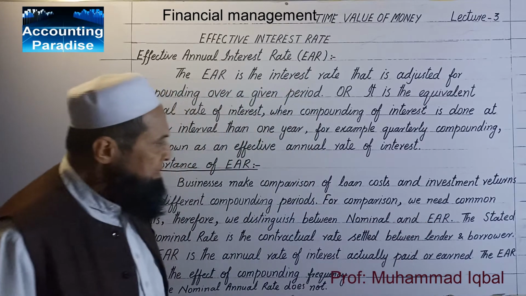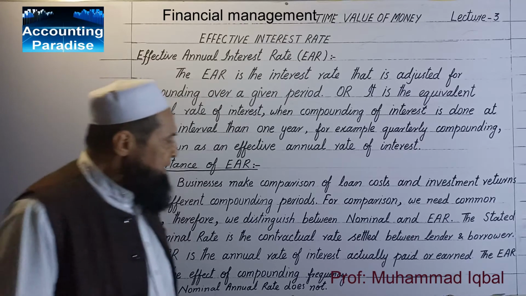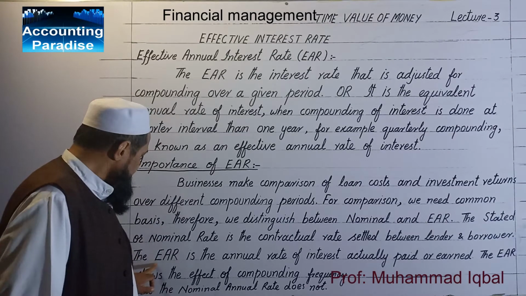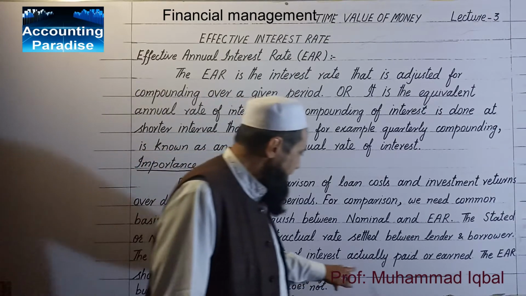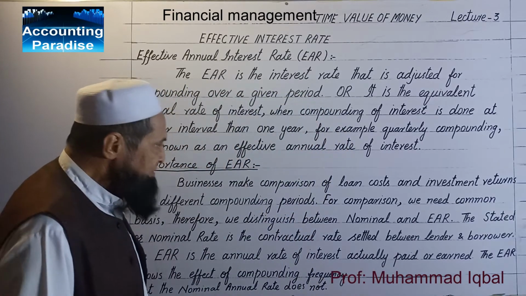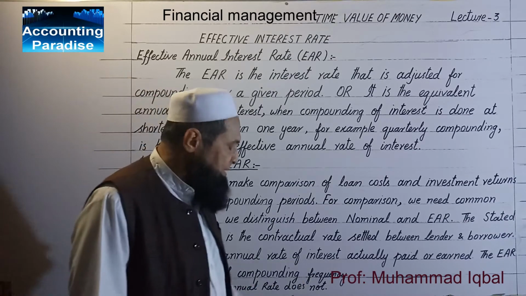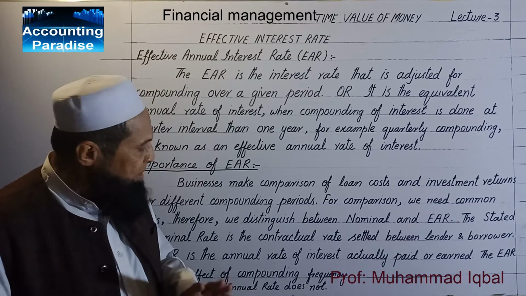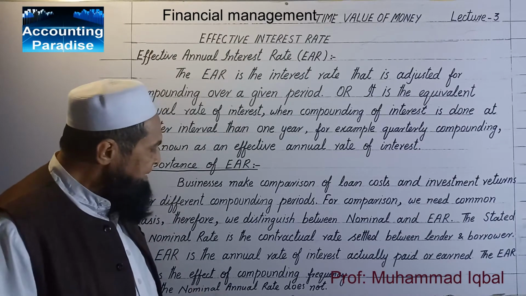The stated or nominal rate is the contractual rate settled between lender and buyer. The effective annual interest rate is the annual rate of interest actually paid or earned. The effective annual interest rate shows the effect of compounding frequency, how much the frequency of compounding in 1 year. But the nominal annual rate does not.